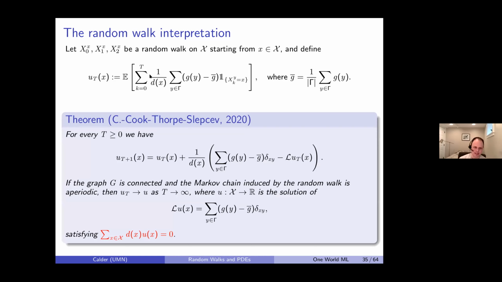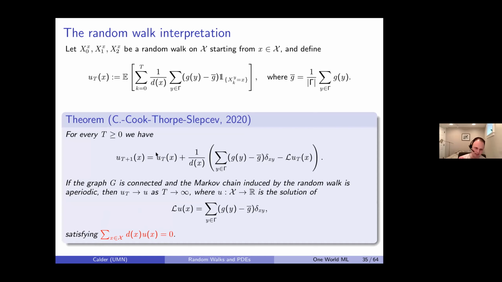So what you can prove is that as you send capital T to infinity, this sequence of functions u_T of x converges to exactly the solution of that Poisson equation on the previous slide. And it selects the solution with the weighted mean value of u equal to 0, weighted by these degrees. What's nice too is that it gives you an iteration, so you can write u_{T+1} in terms of u_T. And it looks essentially like gradient descent, right?